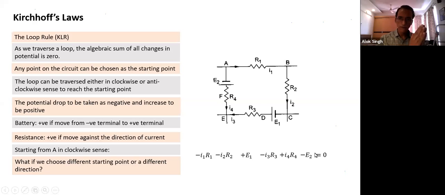So if I go in the same direction and choose any other starting point, only the order of terms in this equation will change; the equation will not change. Whichever point, if you start from C and go in this direction, E would have been the first term and this term would have come last. So it doesn't matter which point you start with.